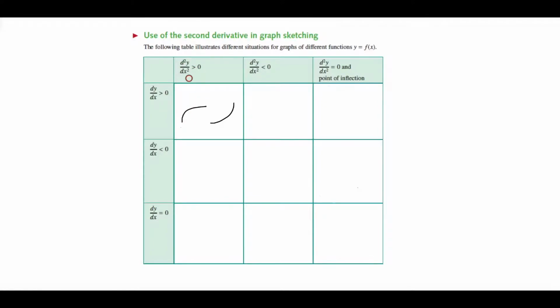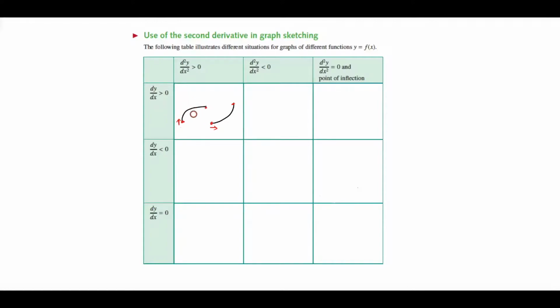Now let's look at the d²y/dx². This is the second derivative. The second derivative means the rate of change of the gradient, okay? So let's have a look. On the leftmost part of the graph, this is very steep, so a big positive. This is a small positive. Now on the right hand side of the graph, this becomes less steep.